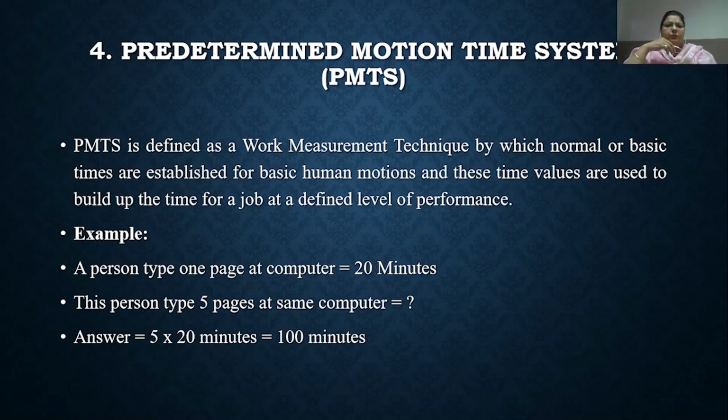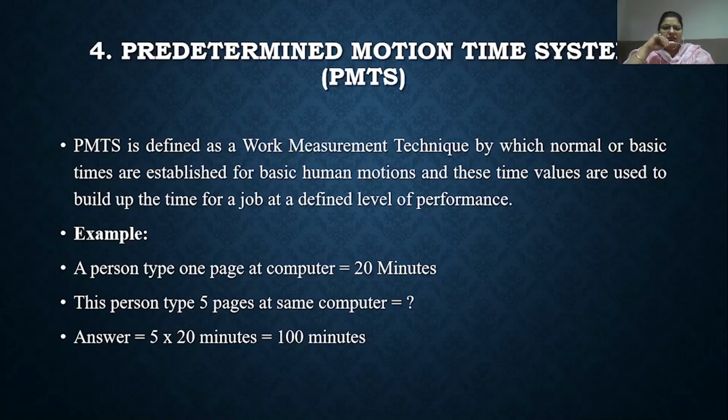Next method is the predetermined motion time system. The predetermined motion time system is defined as the work measurement technique by which normal or basic times are established for basic human motions, and these time values are used to build up the time for a job at a defined level of performance.